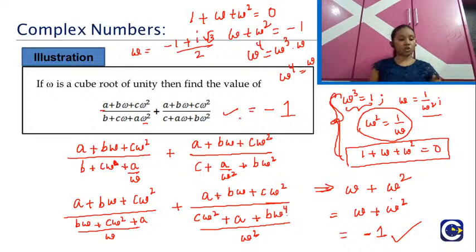Right, I hope you guys understood this one. Did anyone have any doubt in this? Please let me know, guys, if anyone has any doubts in this typical question, which is related to our cube root of unity. What happened? Does anyone still have any doubts, or are you guys clear with this one? If you guys are clear, we can move on to our next one.